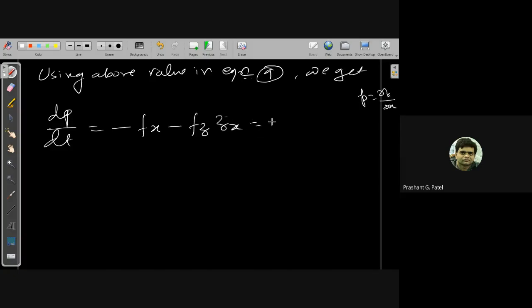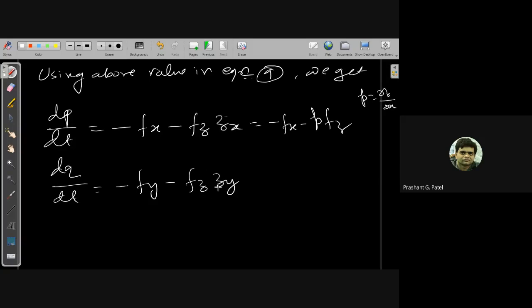So that's why it is minus fx minus p fz, and dq by dt will be minus fy minus fz zy. But the value of q is del z by del y. So that's why this will be minus fy minus q into fz. So thus what we got, we'll call this equation number 10.